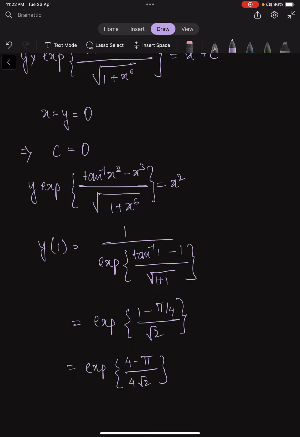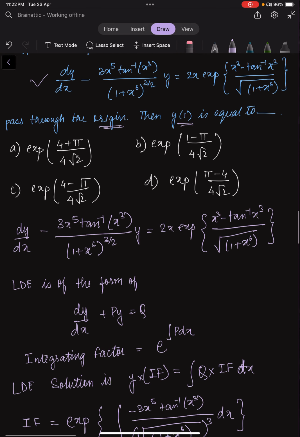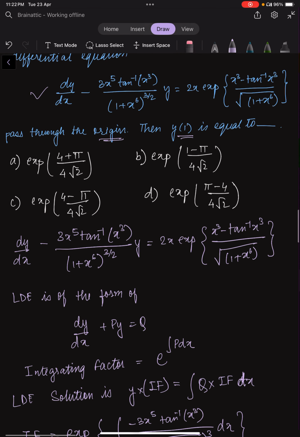So if we check the options given to us, we see that option C is the right choice.